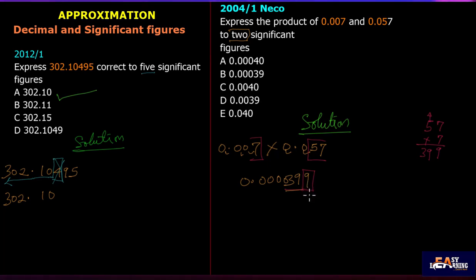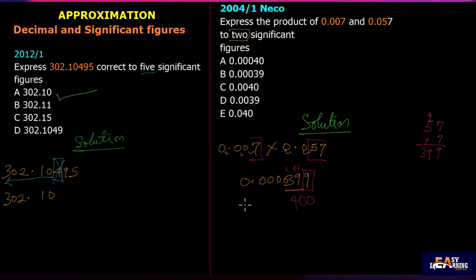This 9 is up to 5 and more than 5, so we call it 0. We carry 1 to add it up here. When we add 1 up here, we still call it 0. Carry 1 here, add it up here, becomes 4.